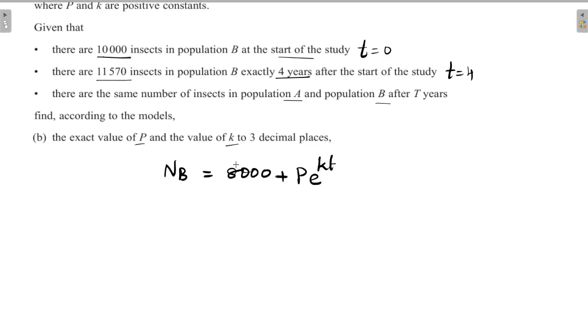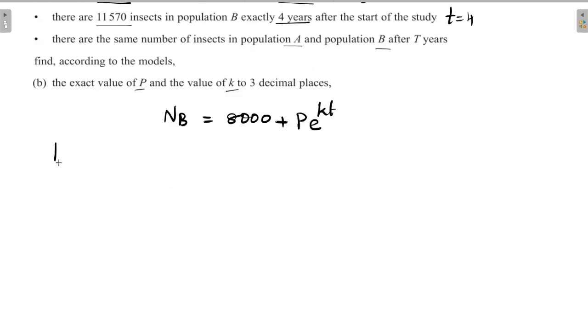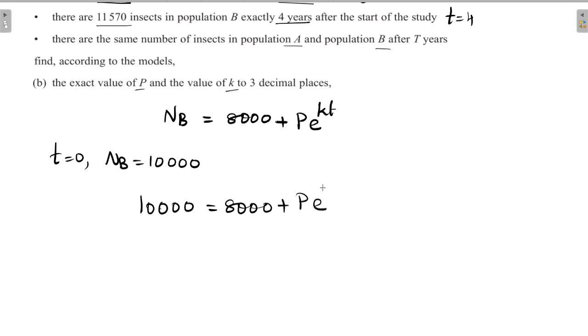So replacing T with 0, NB is 10,000, which gives 10,000 equals 8,000 plus P times e power K times T. T is 0, so K times 0 is 0, and e power 0 is 1.